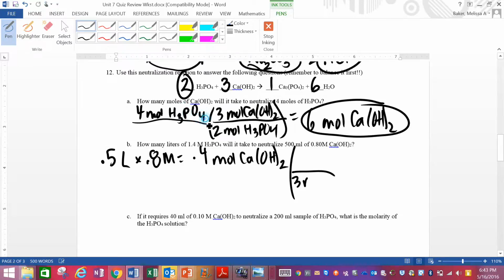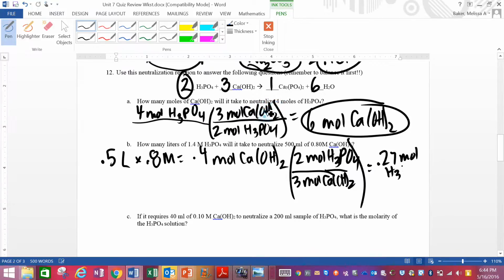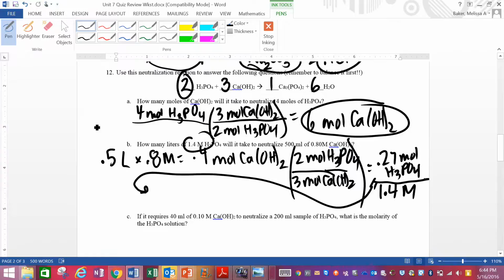Again, for every 3 moles of calcium hydroxide, you need 2 moles of H3PO4. 0.4 times 2 divided by 3 comes out to be 0.27 moles of H3PO4. Moles divided by molarity will give you liters. So 0.27 divided by 1.4 equals 0.19 liters of acid, of that 1.4 molar acid. That's how much it will take to neutralize that base.